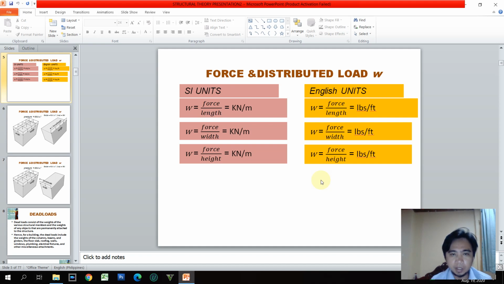Okay, now if we have converted all of those, translating it to a certain surface, we want to distribute it on a certain length, whether along the length, along the width, or along the height, of course. So in this case, if we have a surface pressure, remember the pressure is within the surface. We want to distribute it to a certain dimension.